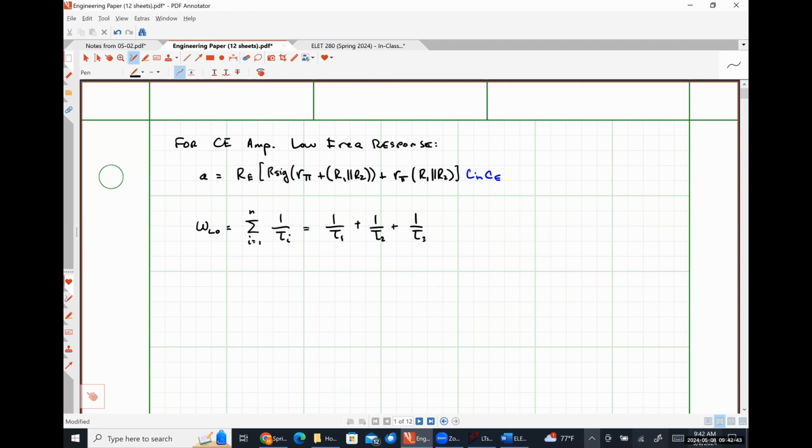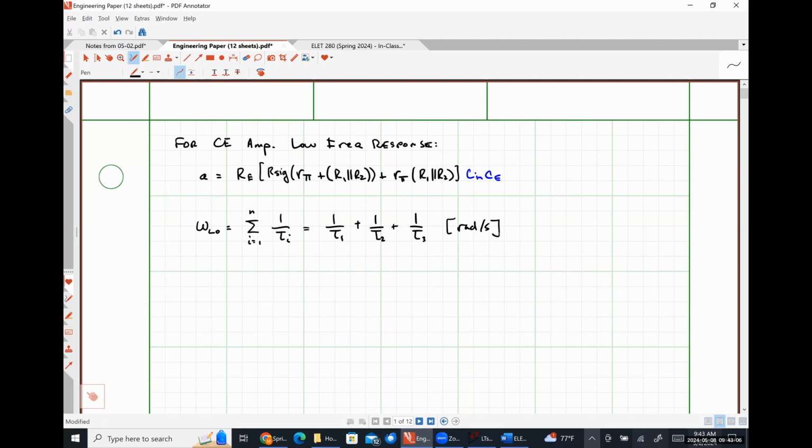So just to be clear, this will be measured in radians per second. Are all of the formulas for omega in radians per second? They are all in radians per second because they're all omegas. If you want any linear frequencies for poles, zeros, etc., just simply take your omega and divide it by a factor of 2 pi.